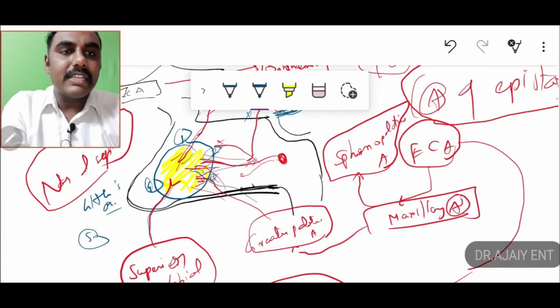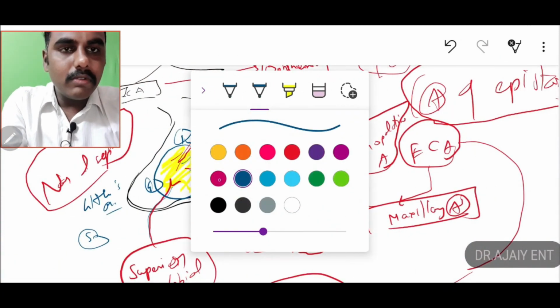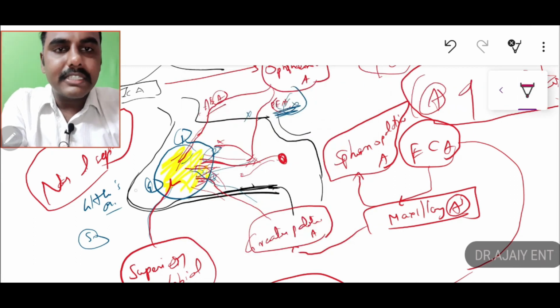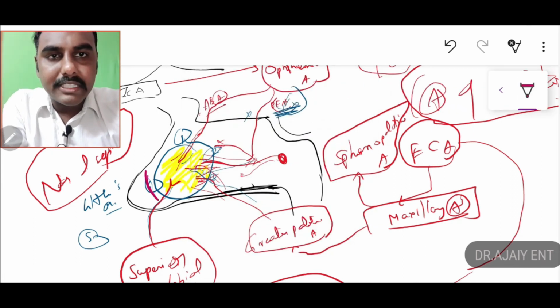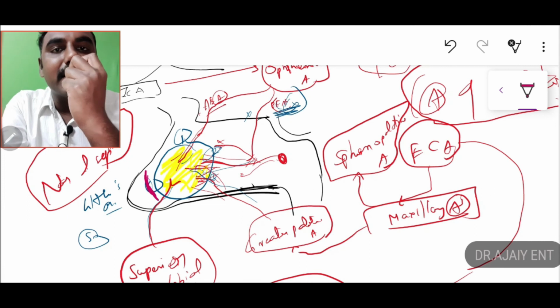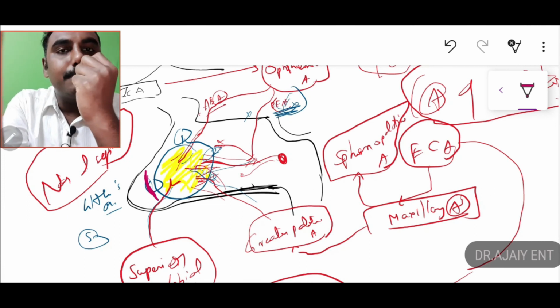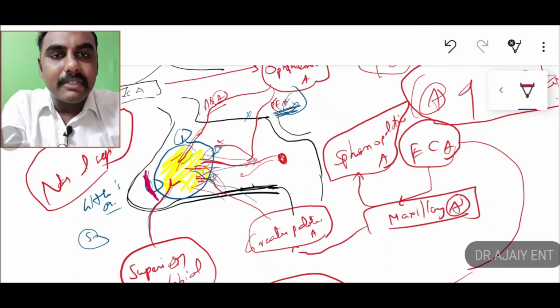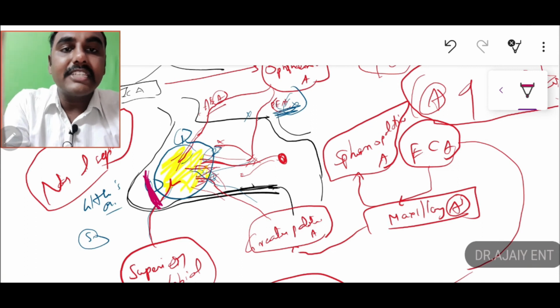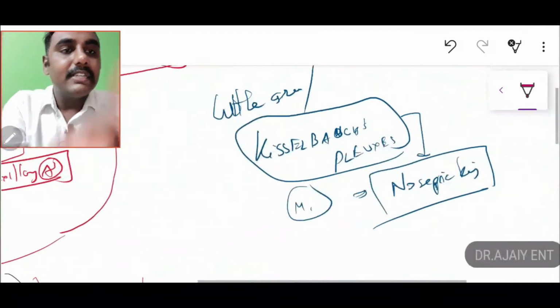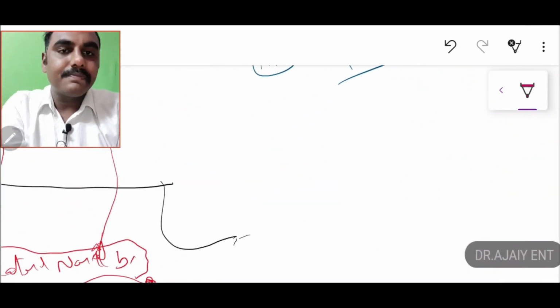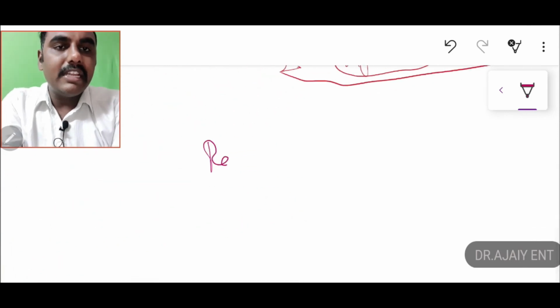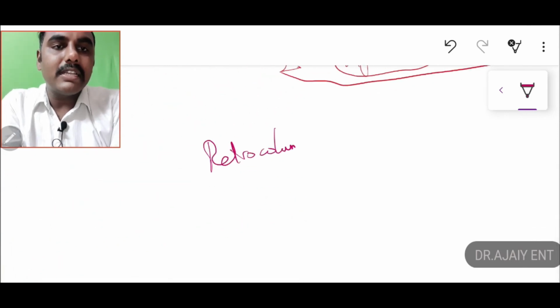And one more thing: just below this Kiesselbach's plexus and behind the columella, there occurs a venous column called the retrocolumellar vein.